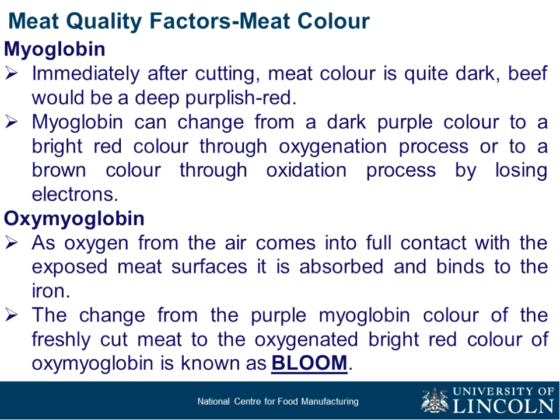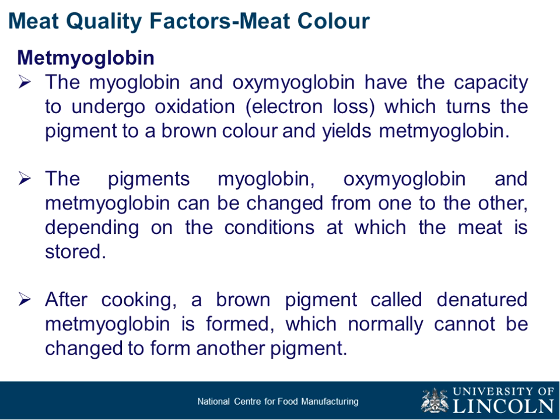Now, if you look at the next slide, that's talking about metmyoglobin. Now, the myoglobin and oxymyoglobin have the capacity to undergo oxidation. Oxidation is referred to as electron loss, which turns the pigment to a brown color and yields metmyoglobin. Now, we have the three pigments: the myoglobin, the oxymyoglobin, and metmyoglobin, which can be changed from one to the other depending on the condition at which the meat is stored.